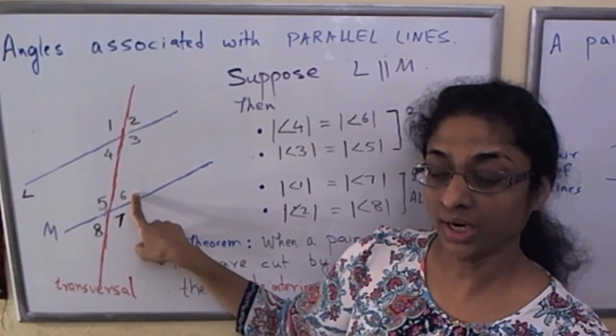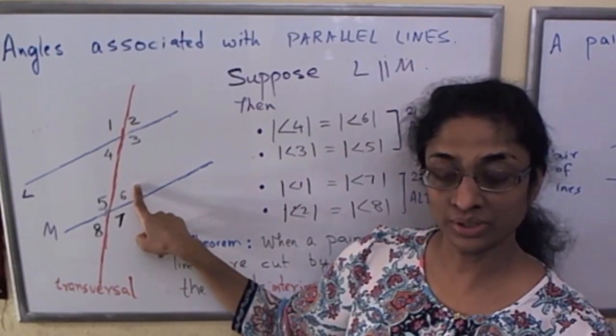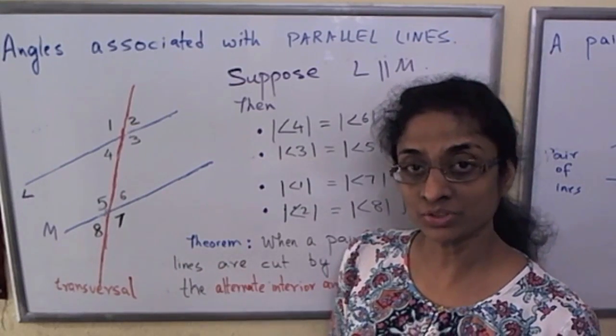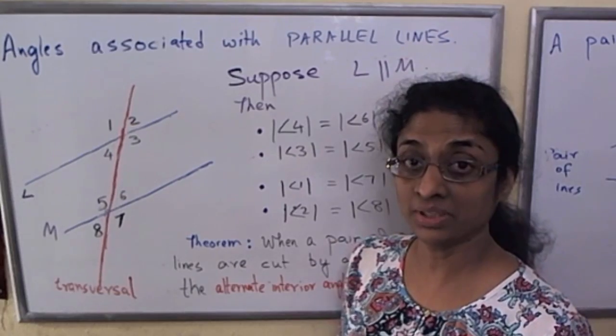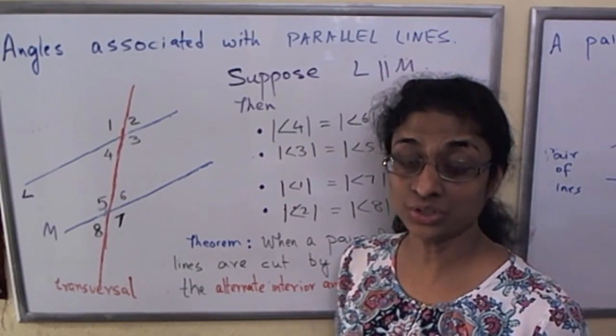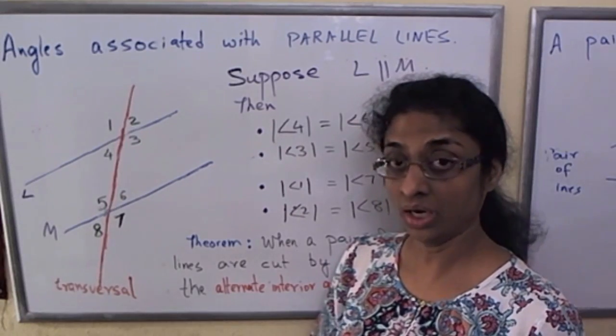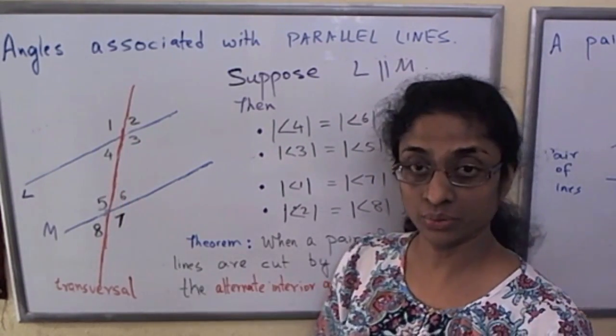Said another way, I would like to show that angle 4 and angle 6 are congruent. So which of those isometries is going to help me now? Think about it for a minute and you'll come to this conclusion that it's actually a rotation. Let me show you how we can convince ourselves 4 and 6 are congruent.